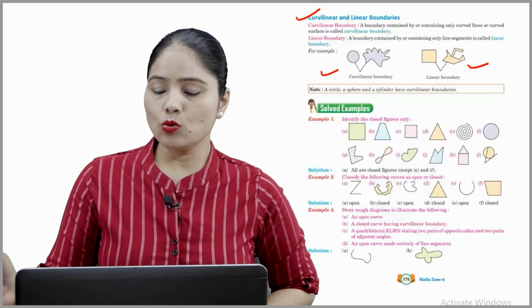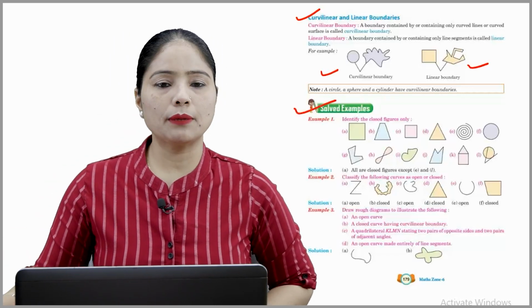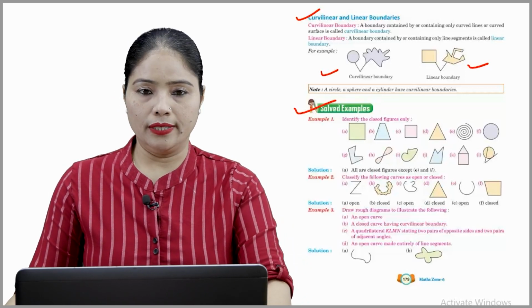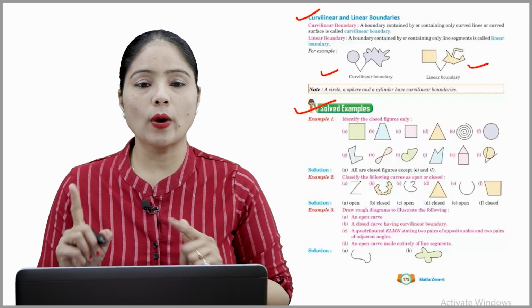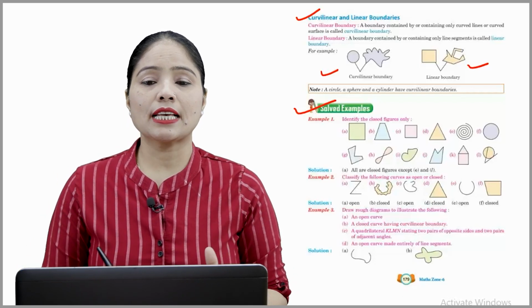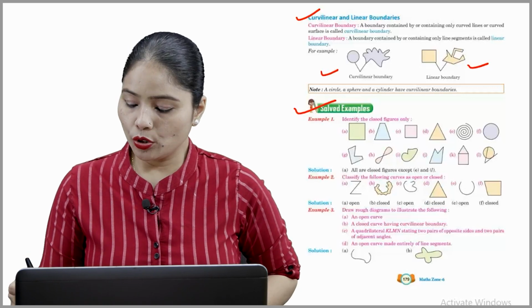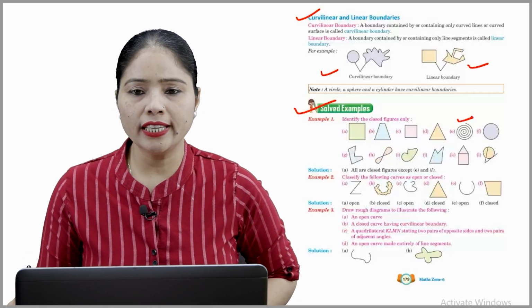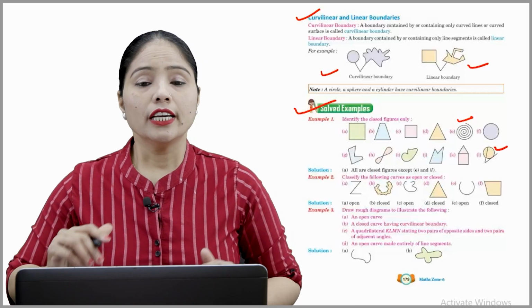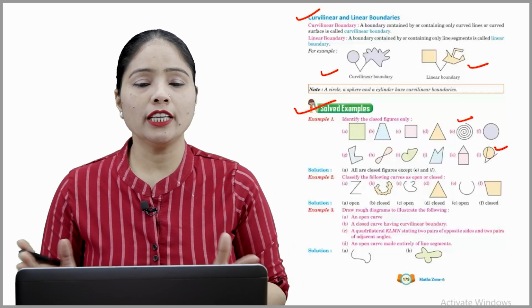Okay. Now solve examples. Example number 1. Identify the closed figure only. You have to identify which figures are closed. So all are closed figures except E and L, because this E is not closed, and this L is also not closed. Leaving these out, the rest are closed figures.